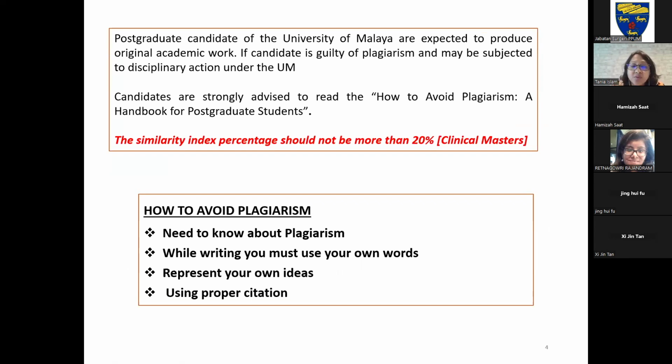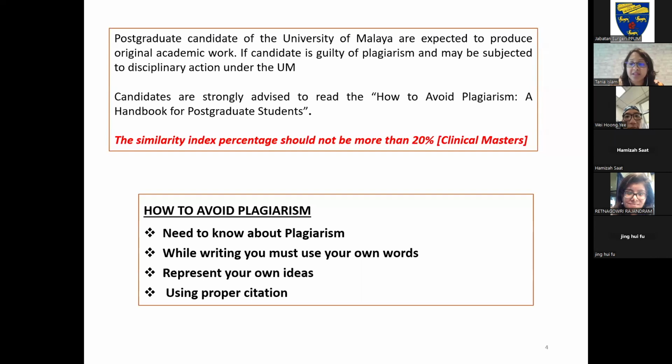Once you find that these are the plagiarized parts in my thesis, how are you going to avoid this plagiarism? First thing, you need to know about plagiarism. Just now I mentioned what things you need to look at to understand plagiarism, and then only can you avoid it, right?